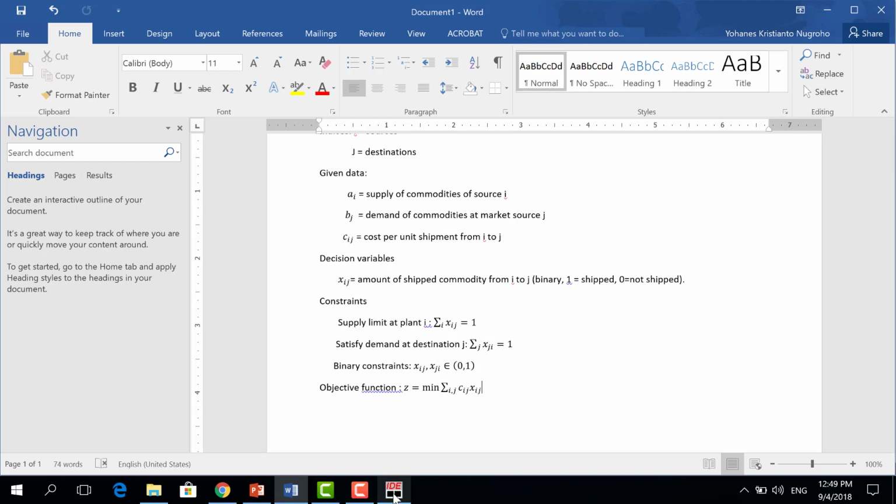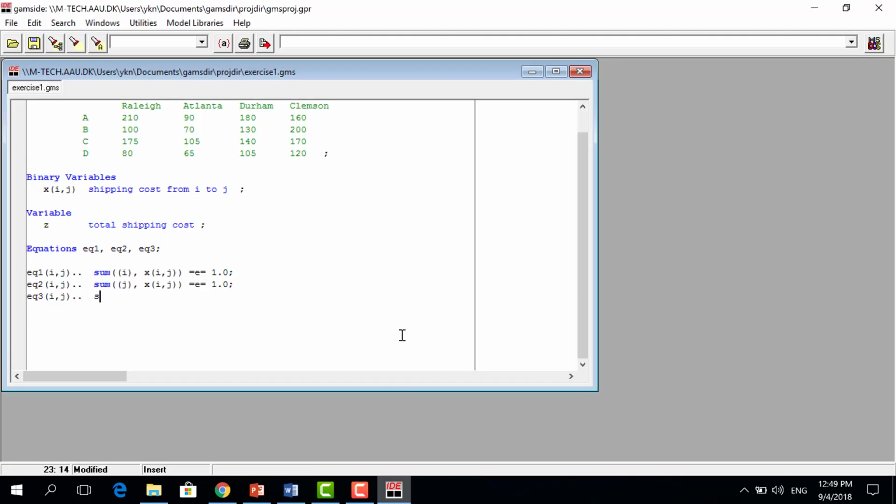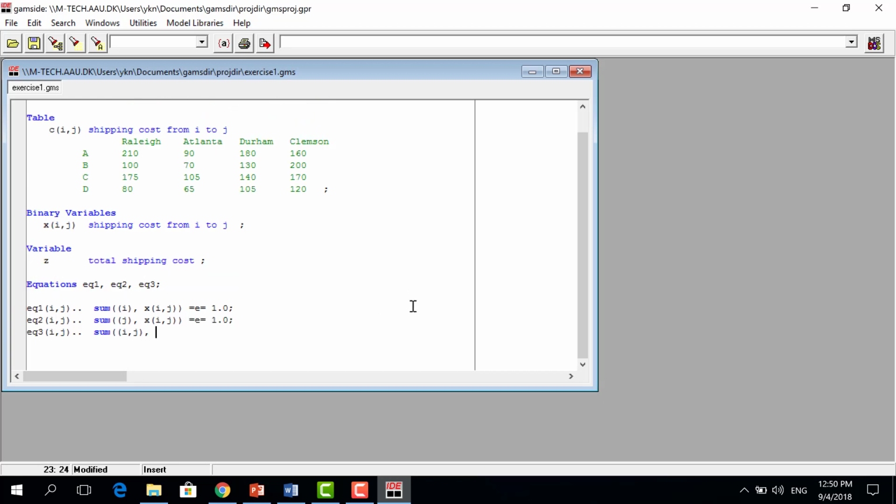We have to minimize the total cost, and therefore we have a sum over i, j, because we have to sum all of the delivery from i to j, and we have the table cij times xi,j.